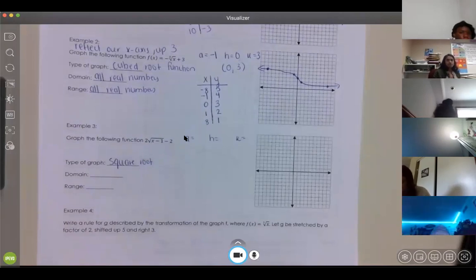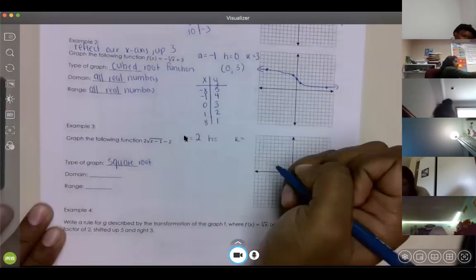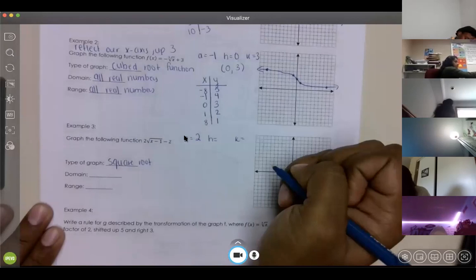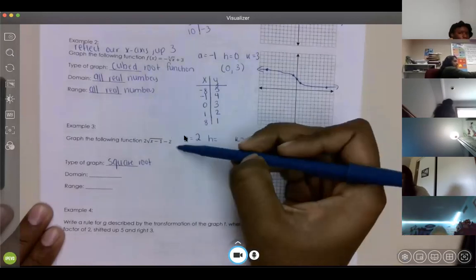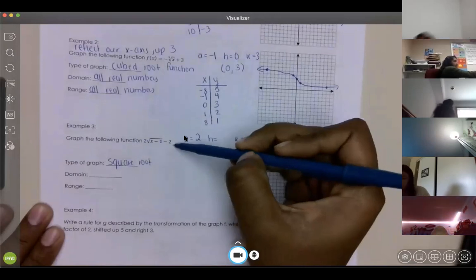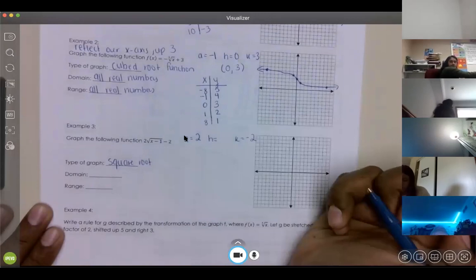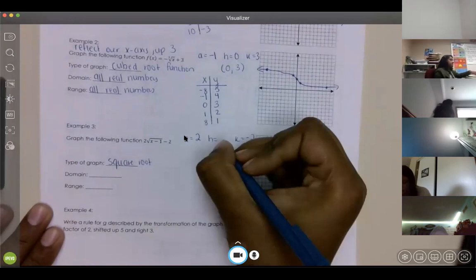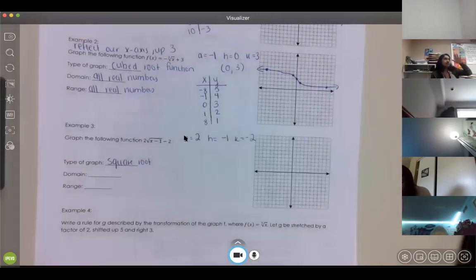Your A is going to be 2, and then your K is going to be 0. Remember, your K is the number after or behind. Yeah, then the -2. And your H is? And then H is -1. Yeah, -1. I like to put the negative just to remind me how it's going to move, but that's up to you.